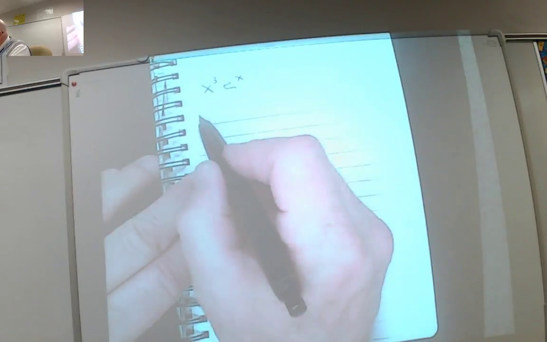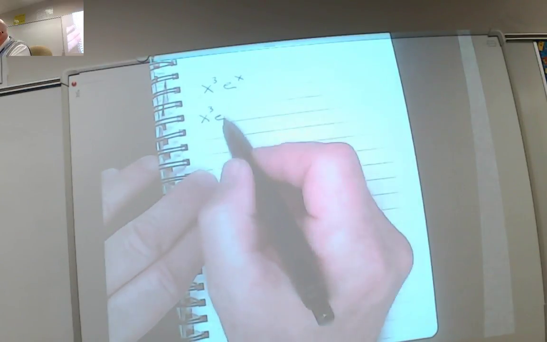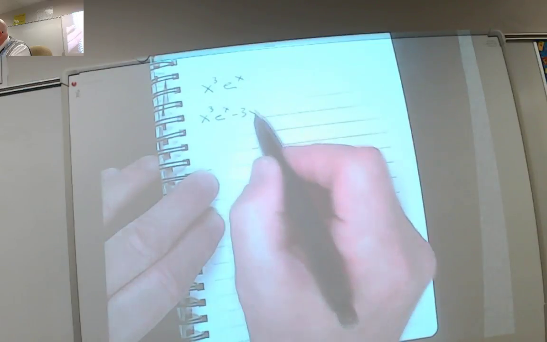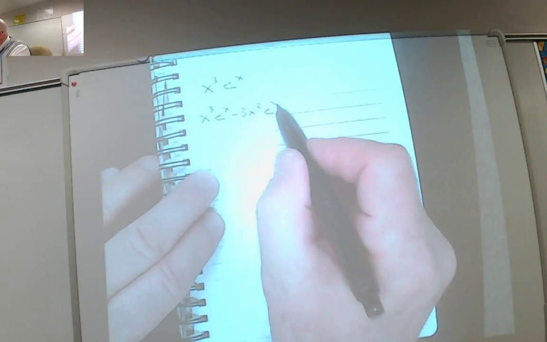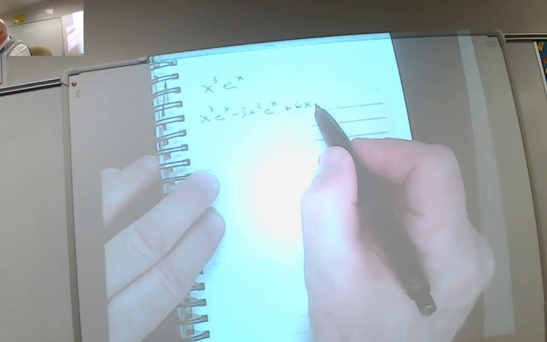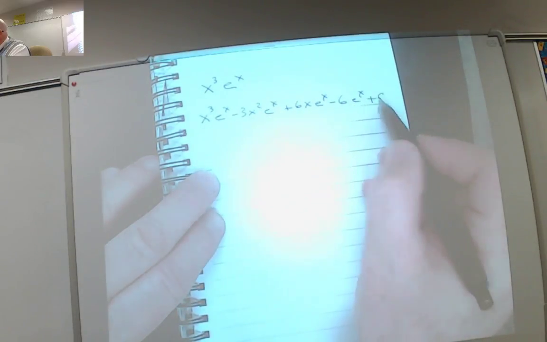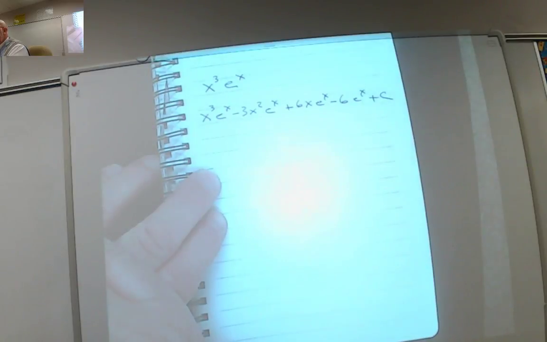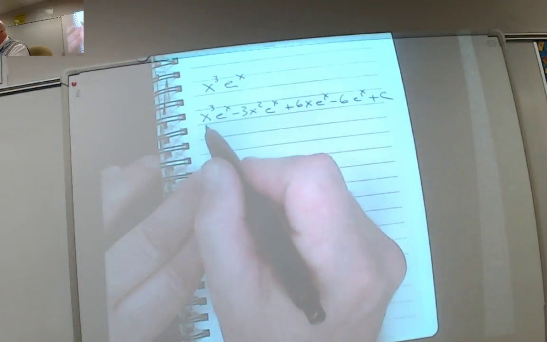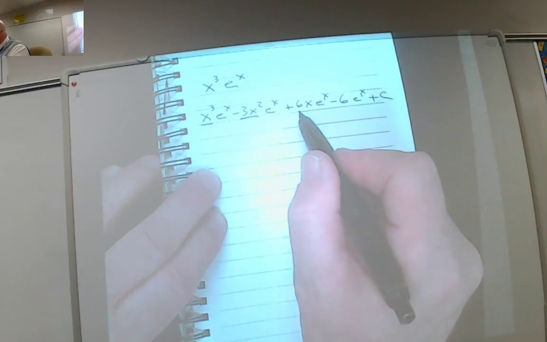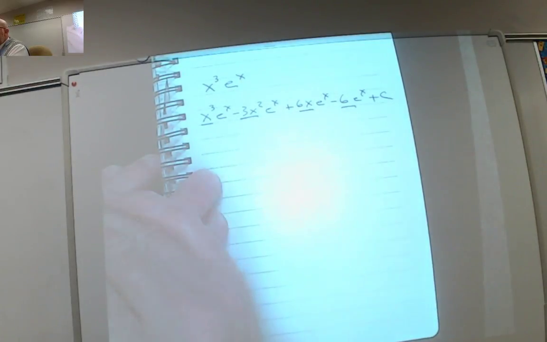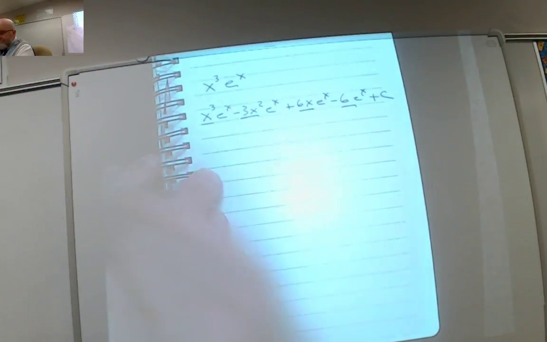So I'm going to have x cubed e to the x minus 3x squared e to the x plus 6x e to the x minus 6 e to the x plus c. Okay, see where I got these terms? Okay.